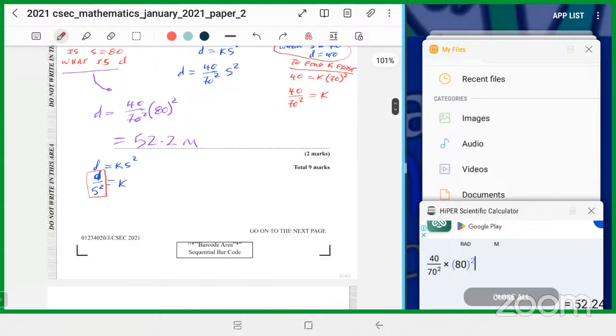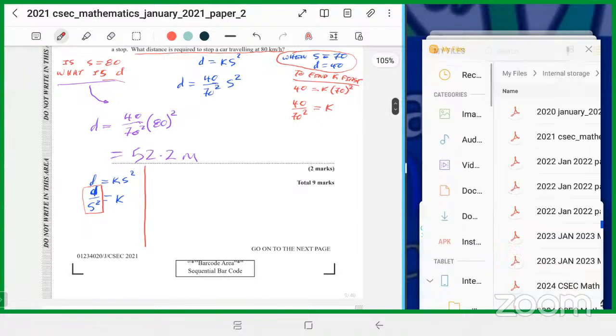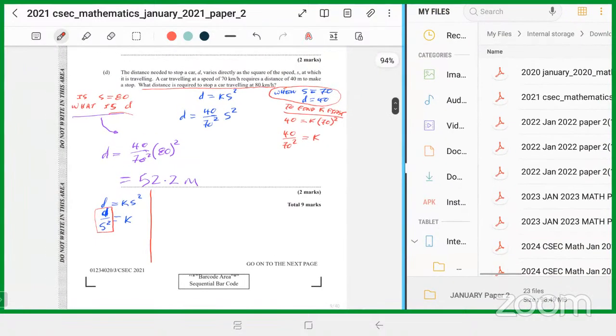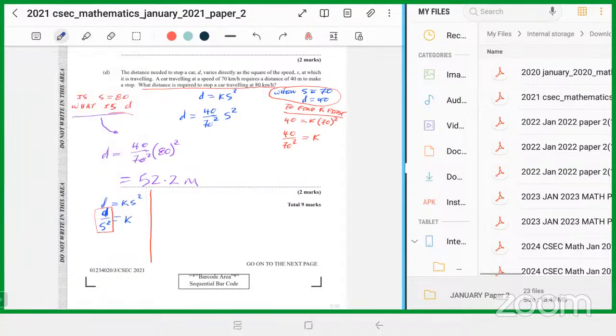So let me pair up two pairs now. Let me show you. This pair that they want, and this pair that they're giving us. When I put them in the ratio D over s squared, it must be the same.